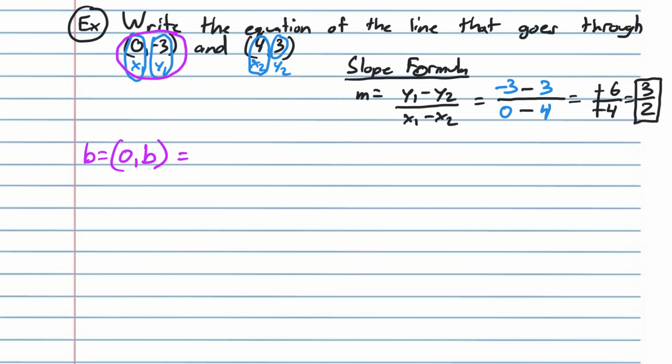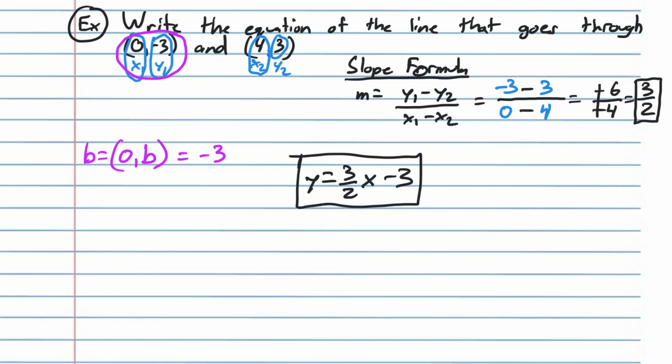Okay, so it's not always this easy. Like if they don't tell us one of these points is 0, comma something, we have to do something else to figure out what b is. But in this example, we know, right? Because the point is 0, -3, we know that b has to be -3. Okay, and then we can write our equation just like above. y is equal to 3 over 2x minus 3.